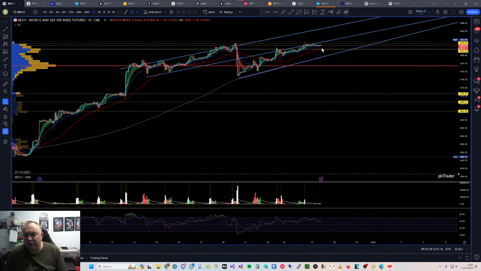So potentially if we see a bit of a pullback today, maybe that's an area to watch for as well. And that will be 4800, which is a round number and a psychological number as well.